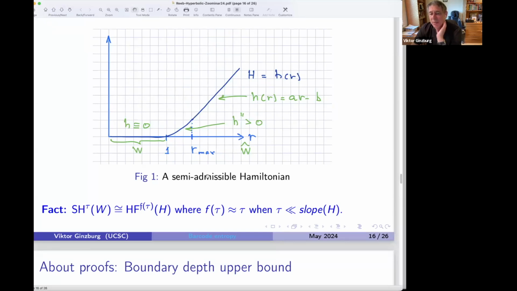But actually, I think it's an interesting question what the equivariant persistence module looks like in this case, and to understand it beyond ellipsoids.